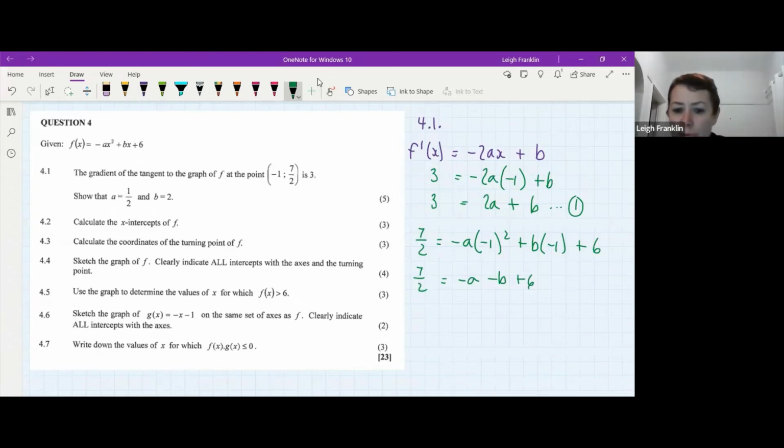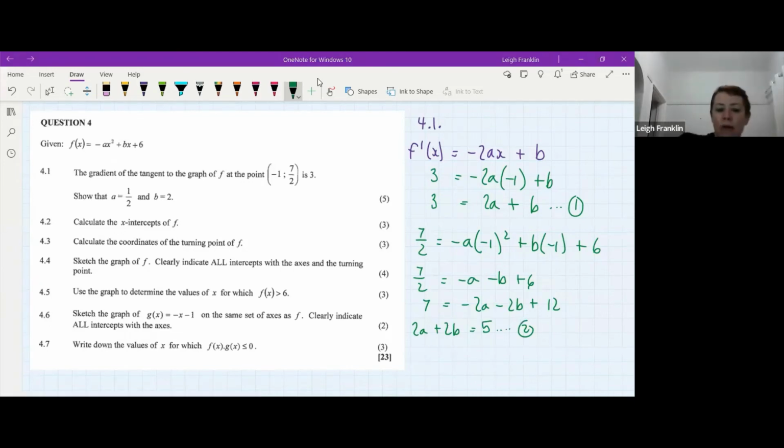So I would times by 2. That gives us 7 equals minus 2a minus 2b plus 12. And therefore, 2a plus 2b would be equal to 5 in this case. Is that right? And there would be equation number 2.